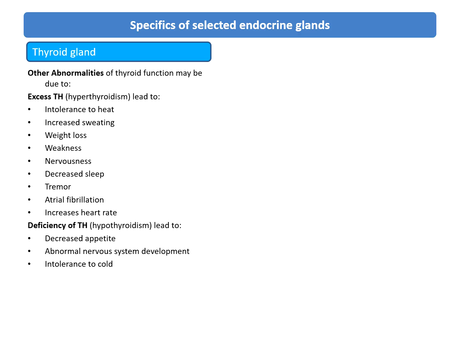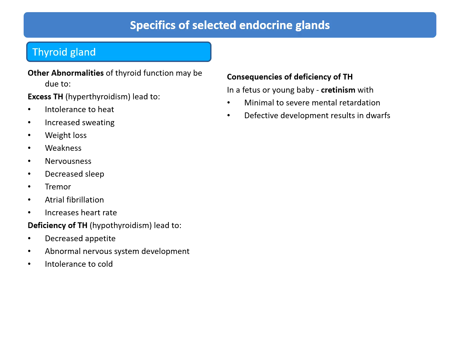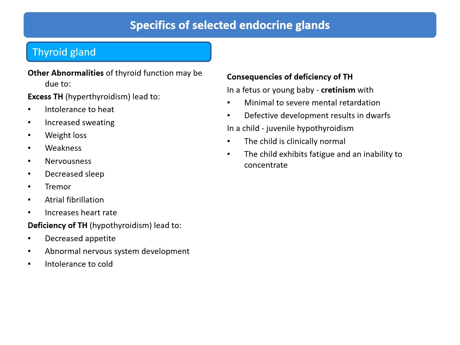A deficiency of TH, hypothyroidism, leads to such conditions as a decreased appetite, abnormal nervous system development, and intolerance to cold. The consequence of deficiency of TH in a fetus or a young baby is called cretinism, minimal to severe mental retardation. Defective development results in dwarfs.